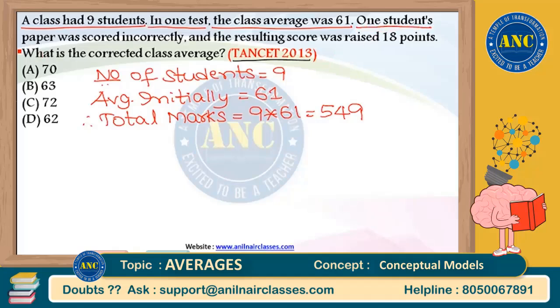One student's paper was scored incorrectly and the resulting score was raised by 18 points. That means one of the students' papers was corrected incorrectly. It was not a correct correction, it was an incorrect correction, and the resulting score was raised by 18 points.